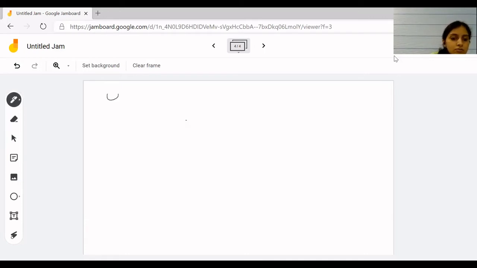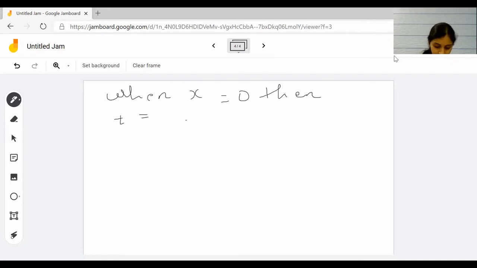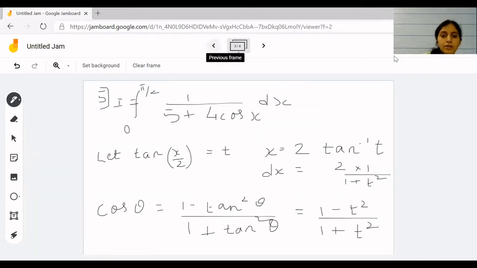So when x is equal to 0, then t will be equal to tan 0, that is 0. Okay, so lower limit is 0, and when x is equal to, what is our higher limit in the sum? It's pi by 2.